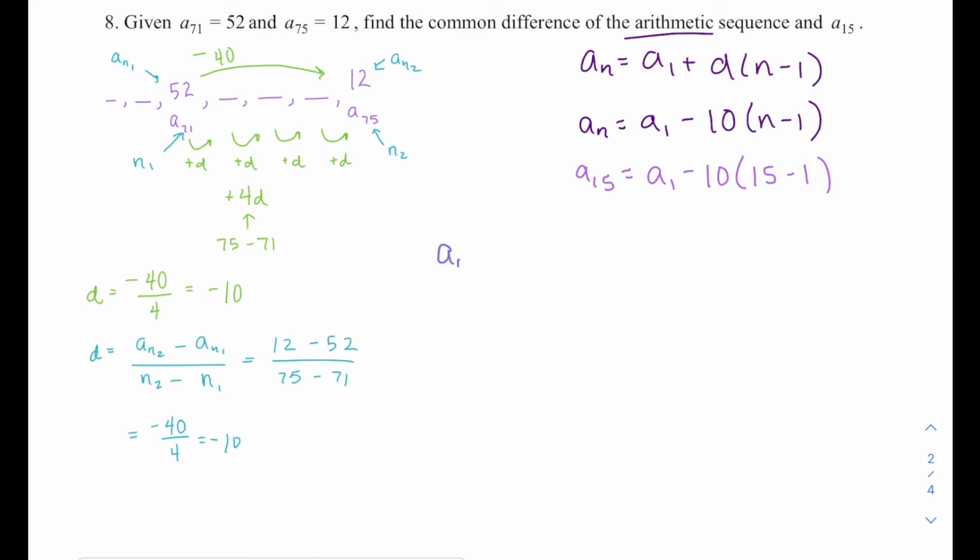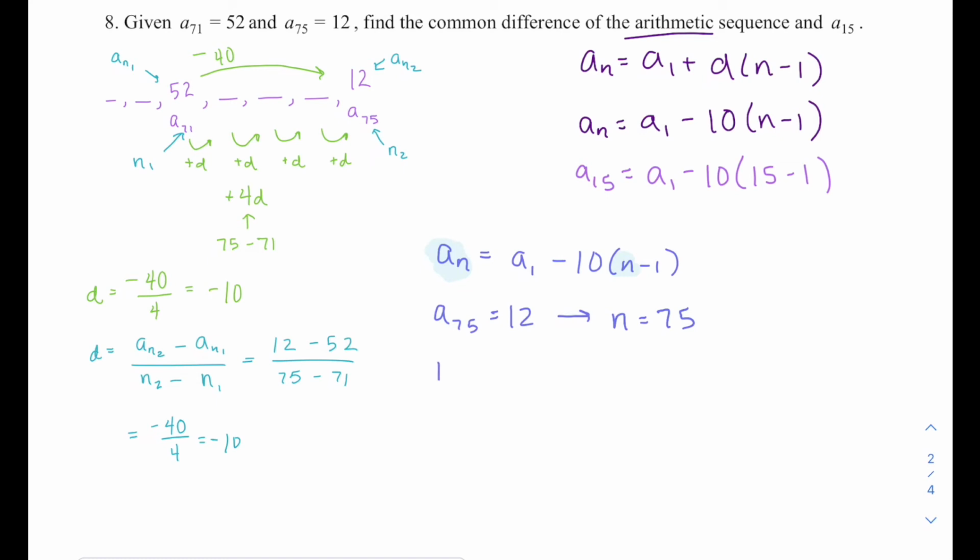Right now I'm looking at an equals a1 minus 10 times n minus 1. Knowing that A75 is 12 tells me that when n equals 75, in the 75th position, my output is 12. My term is 12. So I can plug in 12 for an and 75 for n, and then I have an equation that I can solve.